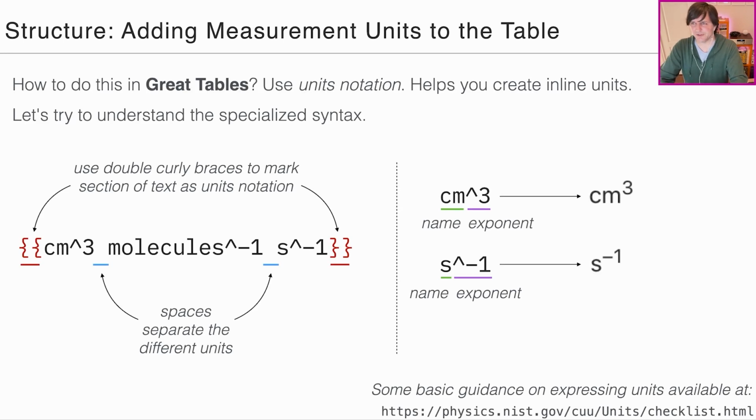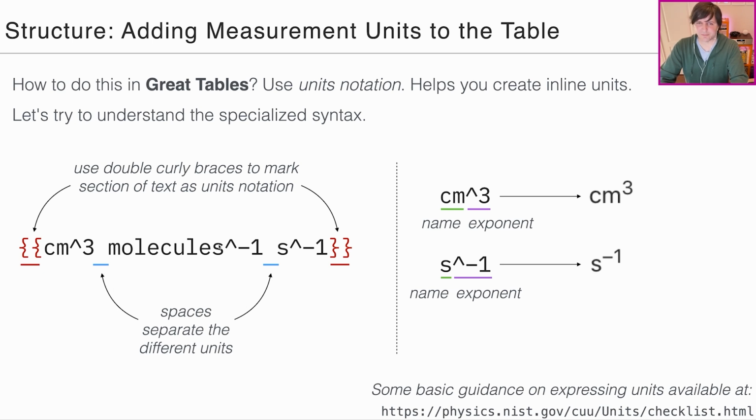So in Great Tables, units notation helps you create inline units. Let's try quickly to understand this specialized syntax. First of all, we need to identify what is in units notation. We do that with double curly braces on each side. So it's sort of bracketing what the units are. And then spaces separate the different units, which are parts of the whole unit, essentially.